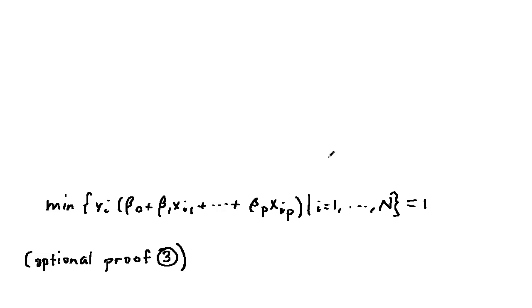Okay, this fact allows us to impose the following condition. The minimum of this, as i ranges from 1 to n, is equal to 1. Let me write that again.